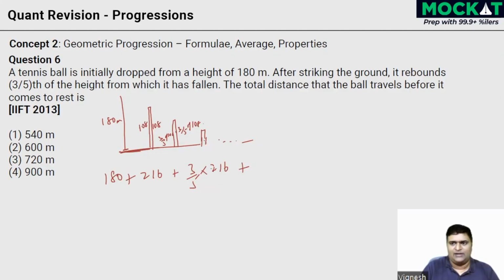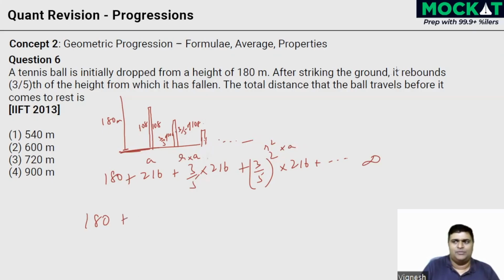So I already have 3/5 of 216, so it's 3 by 5 the whole square into 216, and it continues till infinity. So what am I getting over here? The 180, I'll keep it as it is. This looks like A. This is AR, this is AR square, or rather R square into A. This is R into A. R is 3 by 5.